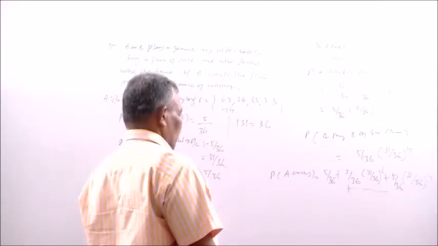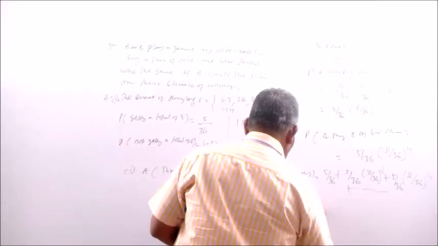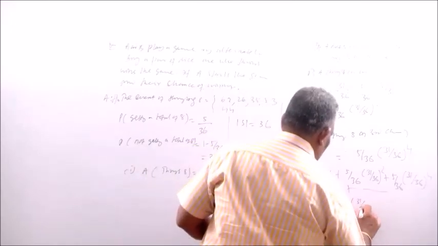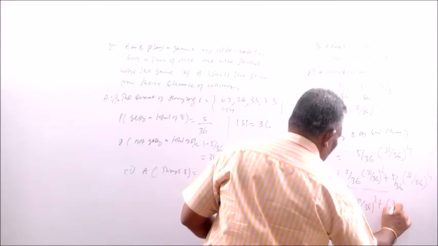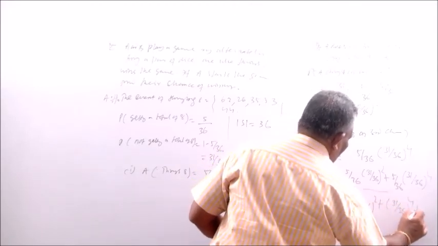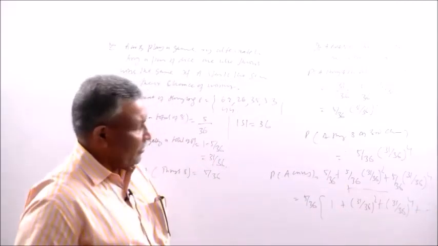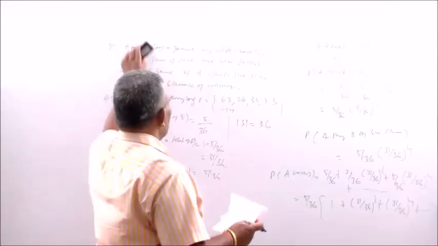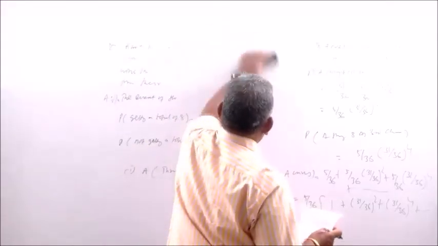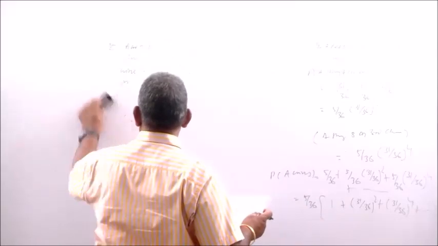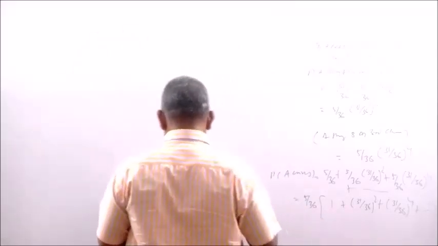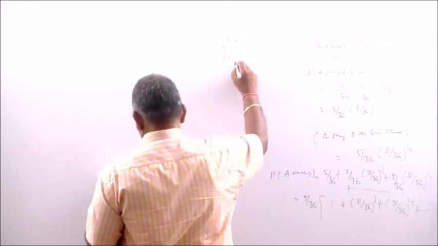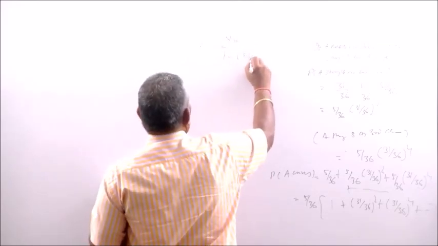We can take a common factor of 5 by 36, 1 plus 31 by 36 whole square, plus 31 by 36 whole to the power 4, and so on. The term inside the bracket gives you a geometric series 1 plus r square and so on. As the process goes on infinitely, it will equal 5 by 36 divided by 1 minus 31 by 36 whole square.